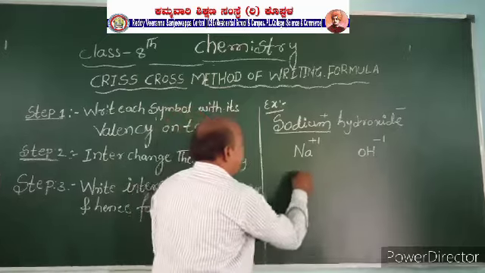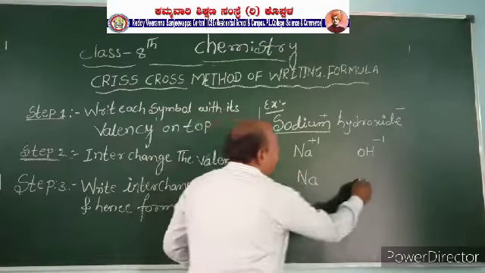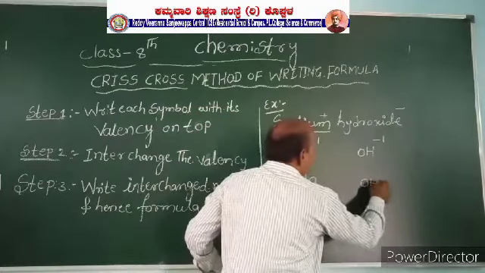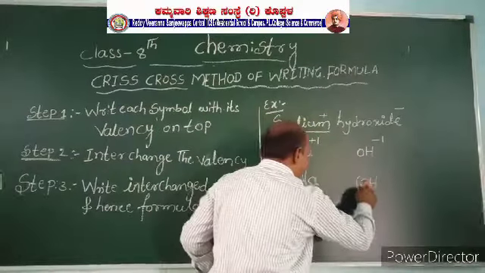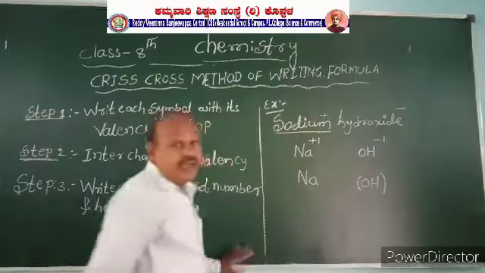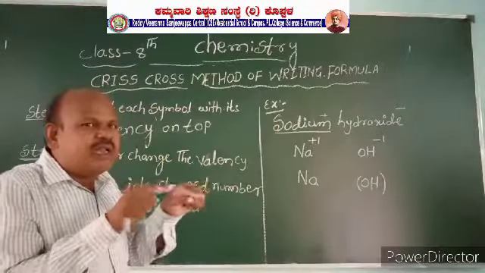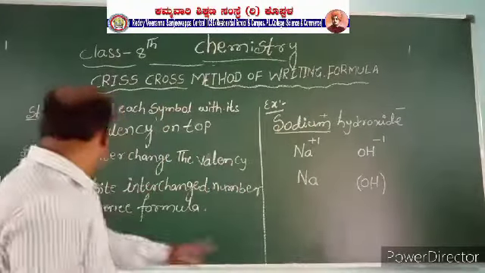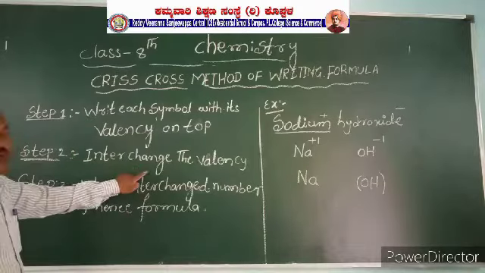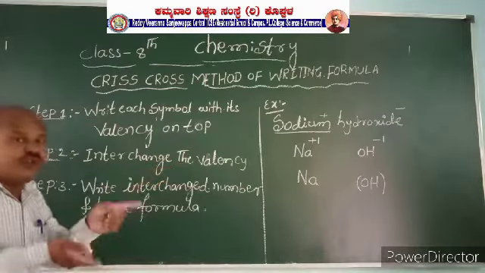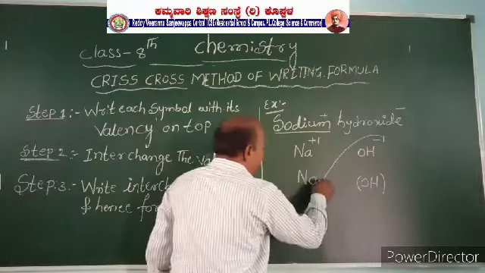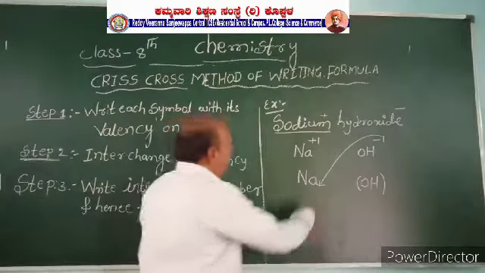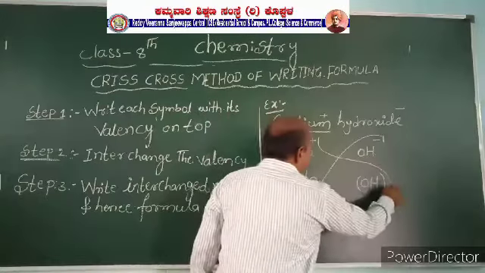The next step: Na and OH. OH is a complex radical, therefore you write a bracket. Next step is interchange the valency. Here the valency is minus 1, here the valency is plus 1.